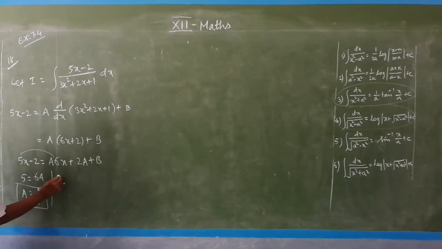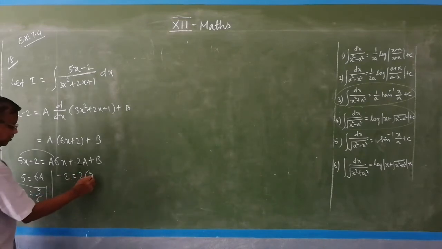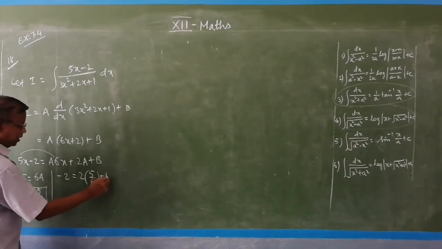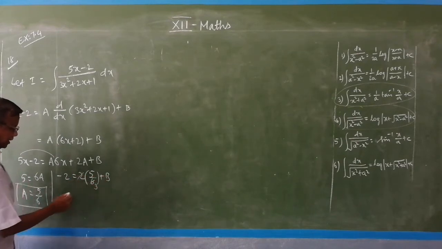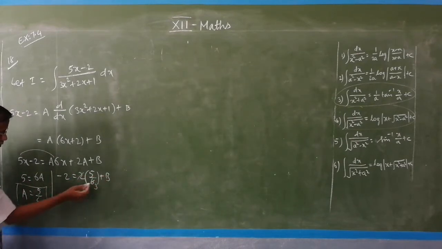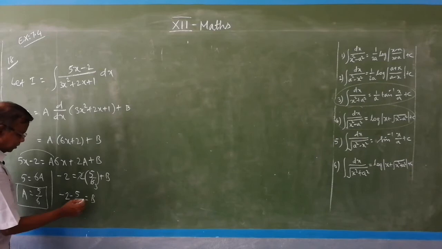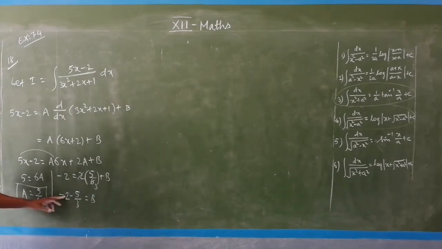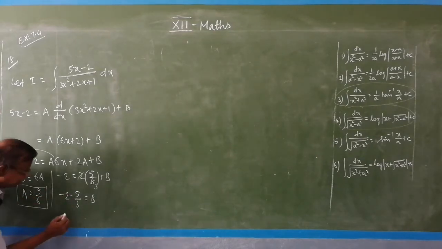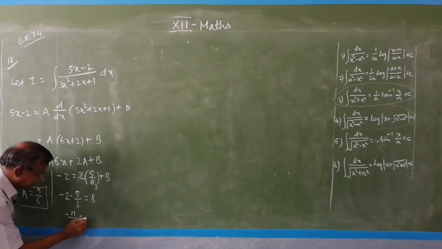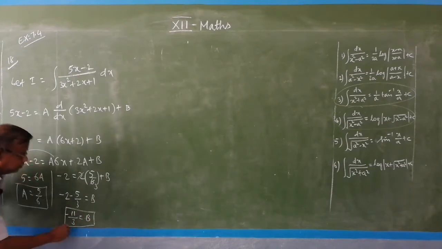Equating the constant terms, minus 2 equal to 2 into a plus b. 2 into a means 5 by 3 plus b. So bringing this 5 by 3 here, minus 2 minus 5 by 3 equal to b. So this is minus 6 minus 5, minus 11 by 3 equal to b.